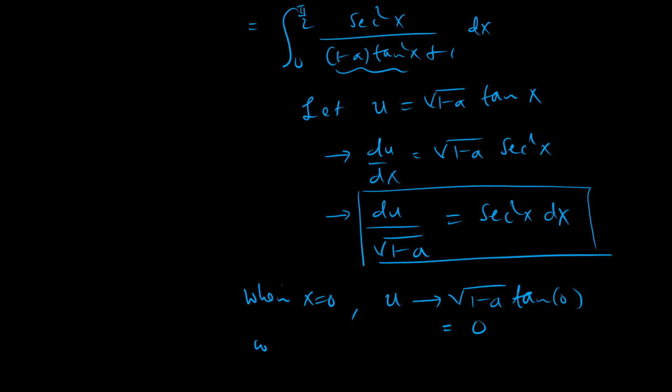When x equals pi over 2, that means that u tends to infinity, because when x tends to pi over 2, it means that tangent of x tends to infinity, and so the square root of 1 minus a times that will be that. Anyway, so what do we do next?